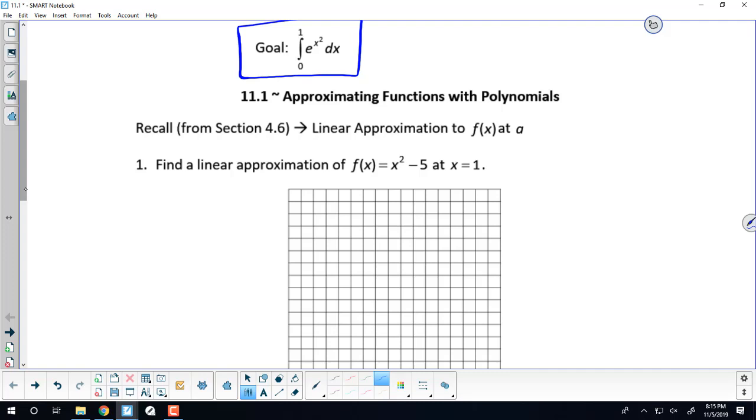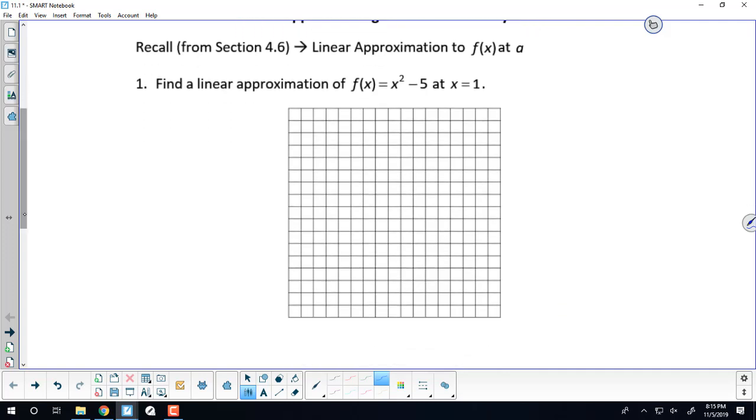So that's what we're starting with, something that we've hopefully seen before, but then we're going to expand that to higher orders. So the linear approximation is just f of a plus f prime of a times x minus a.